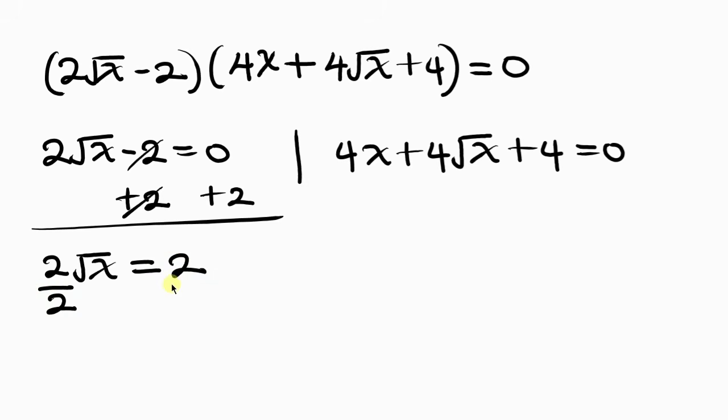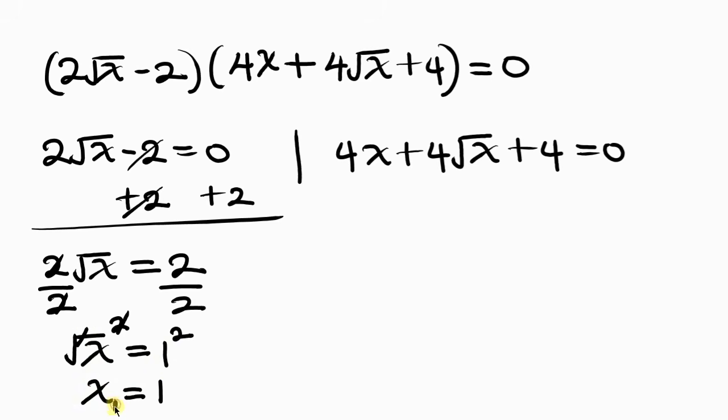So 2 divided by 2 here leaves behind the square root of x to be equal to 2 divided by 2, that will be 1. Now to get rid of this square root, we can take the square of both sides. I'll take the square of the left, I'll also take the square of the right. Now see that this square cancels out the square root, leaving behind x to be equal to 1 squared, that will be 1.